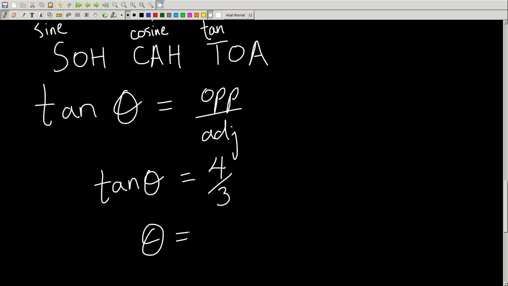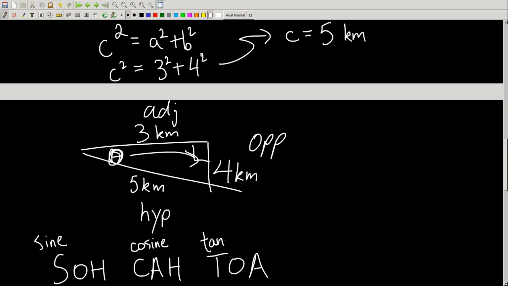So here we go. I'm going to run through the calculation. I'm going to first do 4 divided by 3 in my calculator, and then I'm going to do second function tan, and I end up getting that theta is 53 degrees. So this angle, guys, is 53 degrees.